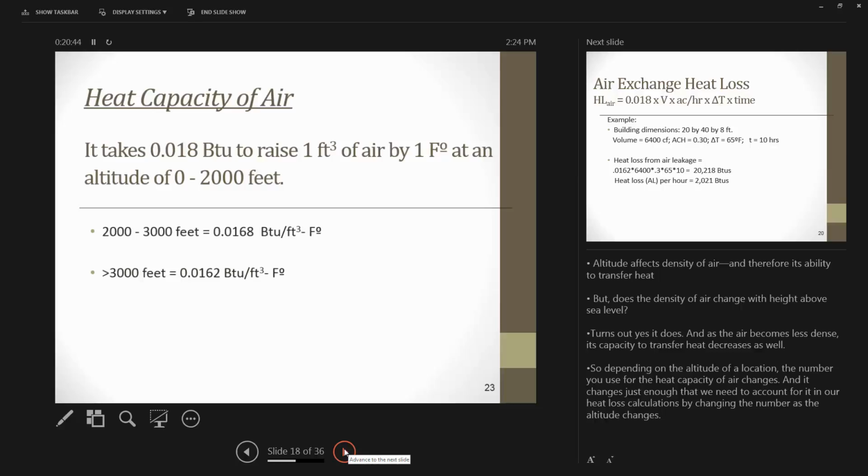The less density you get in the air, the less heat capacity it has. If you're trying to be very specific at higher altitudes, 7, 8, 9, 10,000 feet, you're going to have even less heat capacity of air.